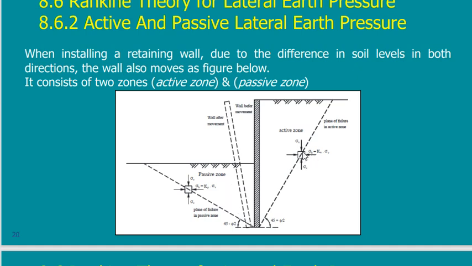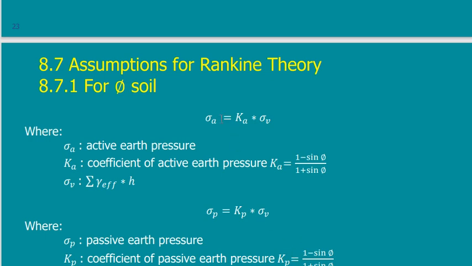This is the active zone and this is the vertical stress. We have passive horizontal and active horizontal. So the active horizontal stress is the vertical stress multiplied by K active. So this is the main equation.